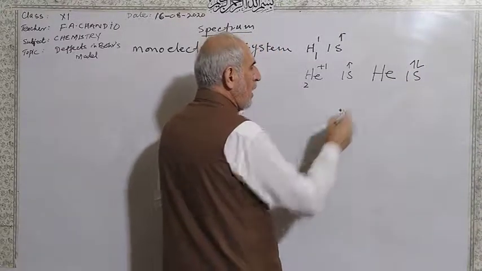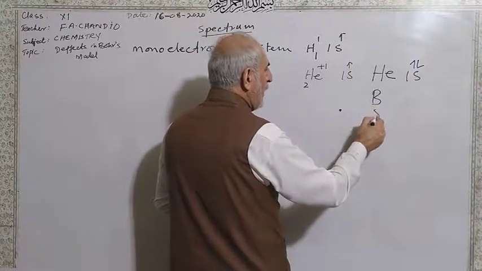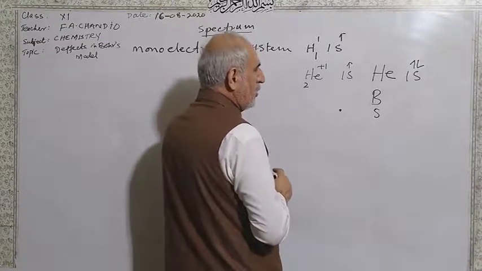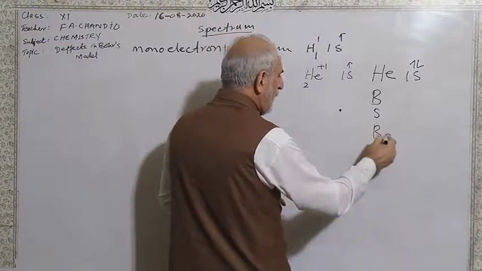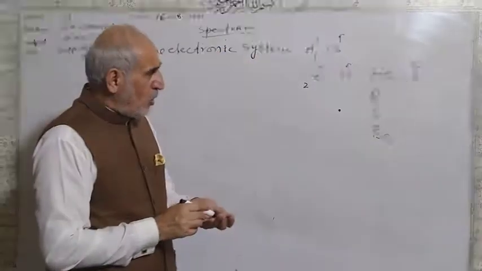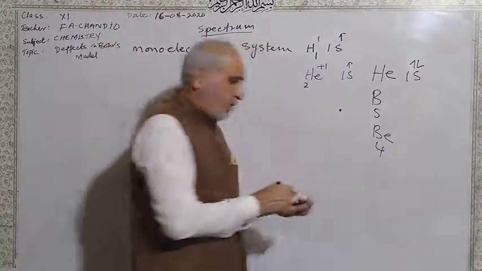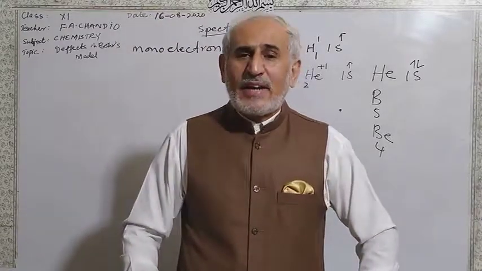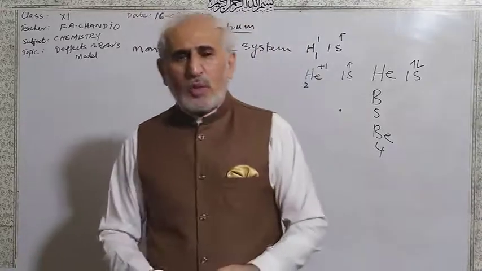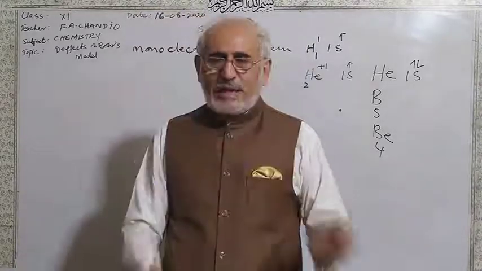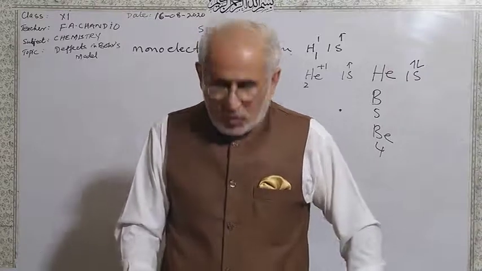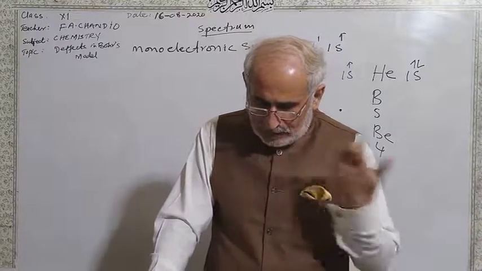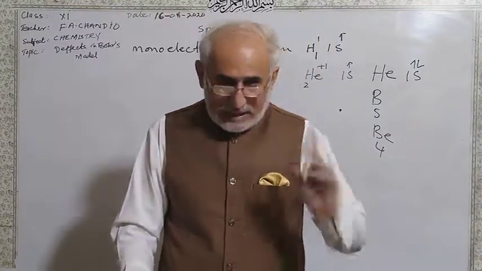Boron, atomic number 5, 1s2, 2s2, 2p1, has 3 electrons in the outermost shell. Beryllium, Be, atomic number 4. These are multi-electron systems; they have more electrons present in the valence shell. So Bohr's theory is not applicable for multi-electron or polyelectronic systems like helium, lithium, beryllium. This is the first point.